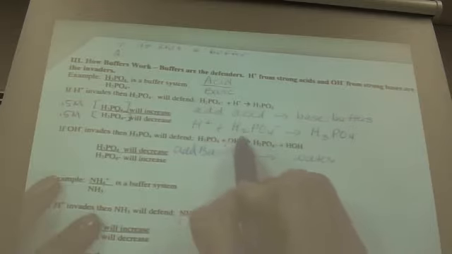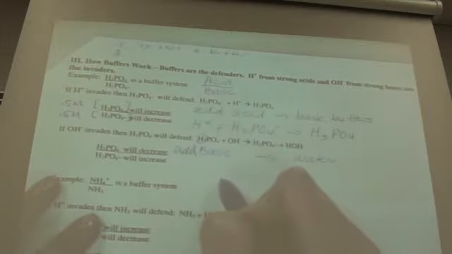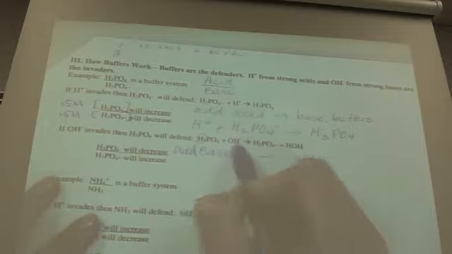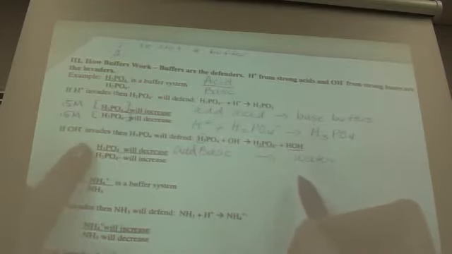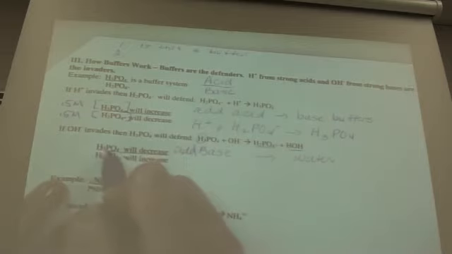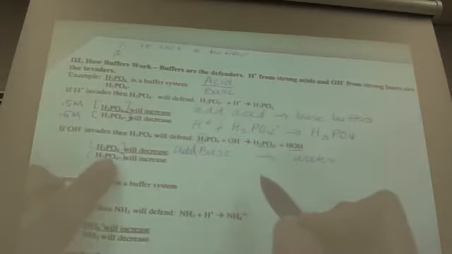We have the strong base. You can see that a proton will be lost by the weak acid, leaving the conjugate base and more water. So in this situation, the acid concentration will decrease and the conjugate base will increase.